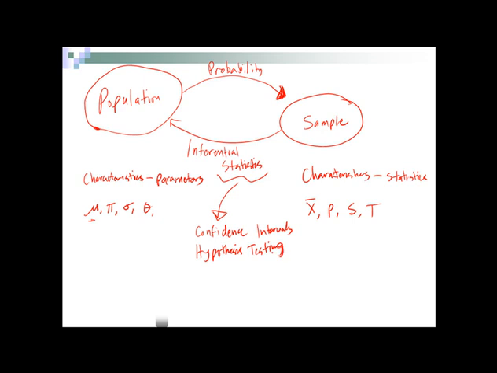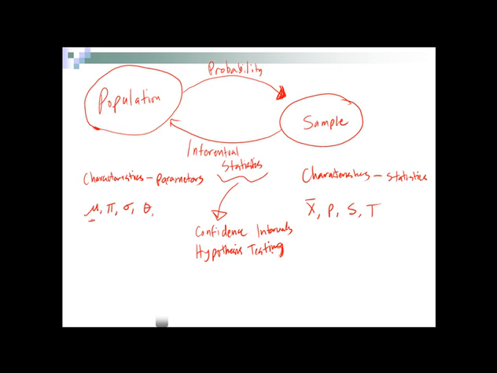And so once we get to the point where we understand probability and we're able to make statements about the sample that we observe, given that we know what the parameters are, then we can start to make statements about the parameters based on the sample using this notion of confidence intervals and hypothesis testing.